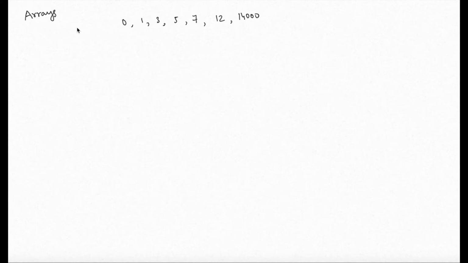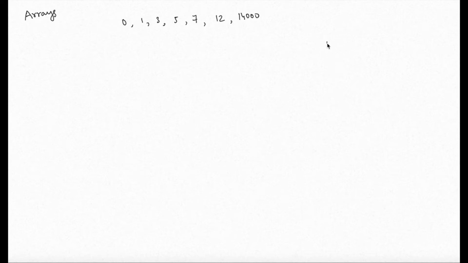One array can store all of this together at the same time. How many different numbers do we want to put in our array in this example? That will be 1, 2, 3, 4, 5, 6, 7. So this array would be 7 elements long.